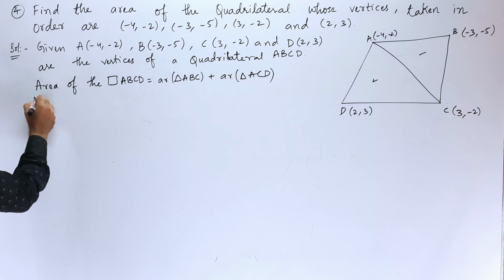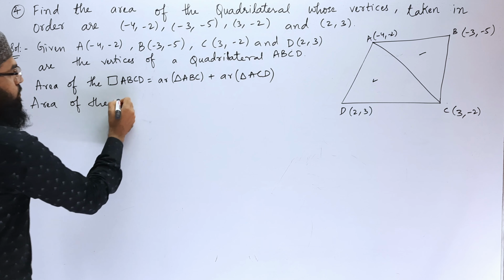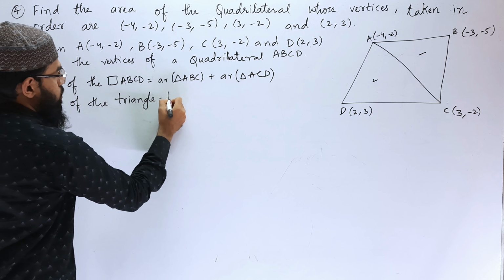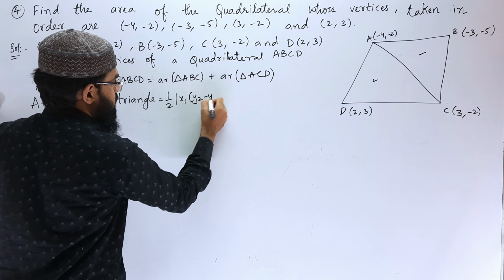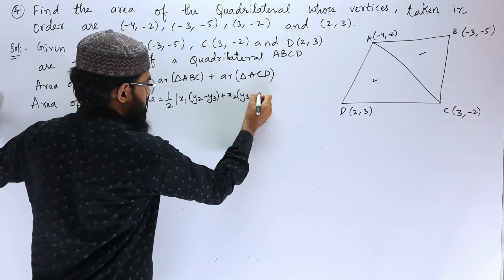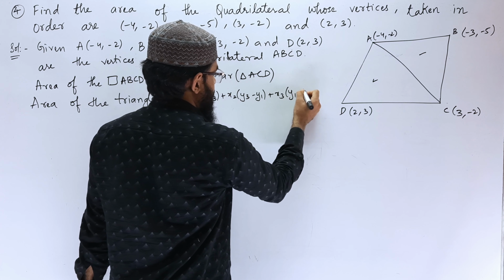We know the area of the triangle formula. So area of the triangle is equal to half mod x1 (y2 minus y3) plus x2 (y3 minus y1) plus x3 (y1 minus y2).